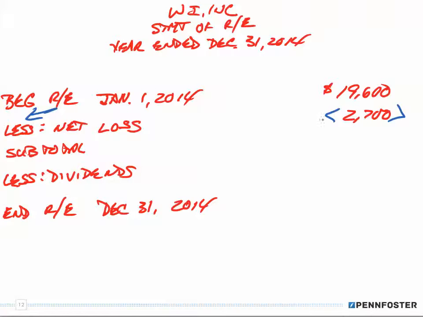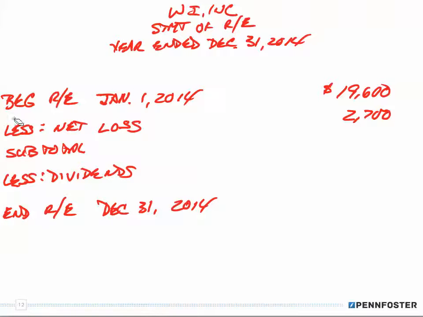The word less times a negative times a negative means that would be a positive number. And we're not adding this number in, we're subtracting it in. So personally, I would not include the brackets around the $2,700 because I'm showing that the word less means to subtract the $2,700.